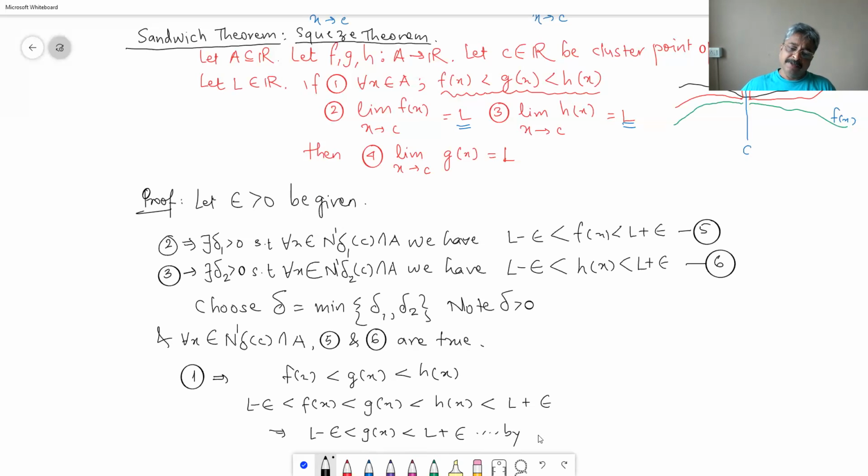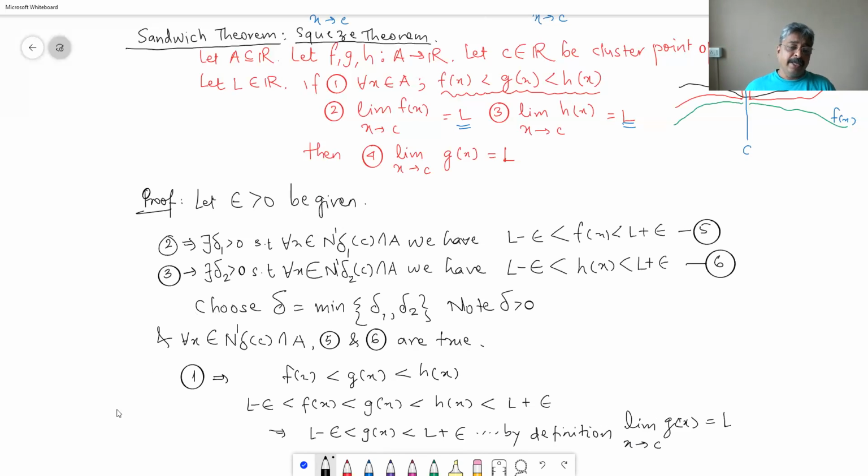By definition, limit x tends to c, g of x is equal to L. Straightforward.